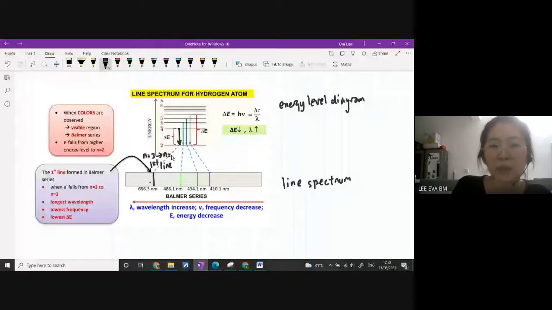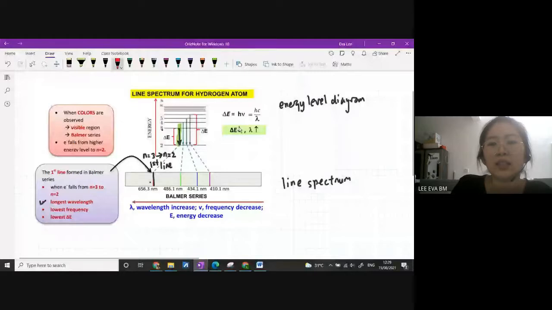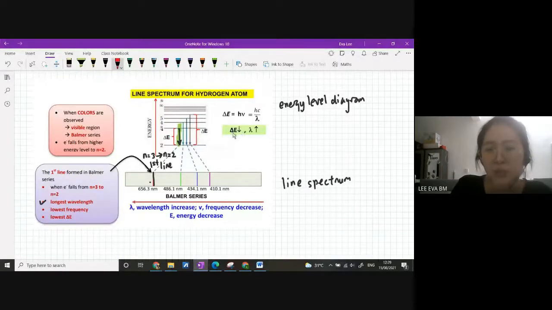So the first line formed in Balmer series, when the electron falls from n equals 3 to n equals 2, also shows the longest wavelength. How do we know it is the longest wavelength? You look here, at the place Madam highlighted. You look at the first line over here. This delta E is the smallest. We have the smallest value for the energy difference. According to the equation, the smaller the difference in energy, the longer the wavelength, because the formula is delta E equals hc over lambda.